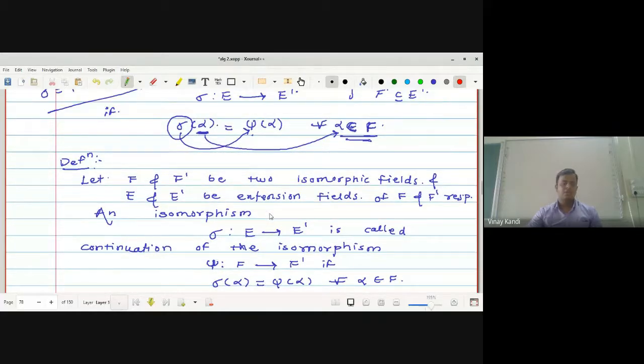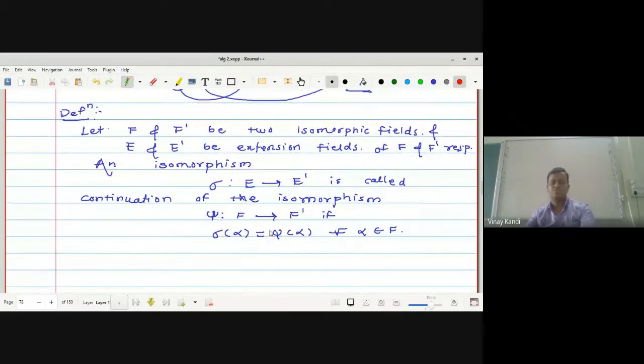So this is the definition of continuation of isomorphism.